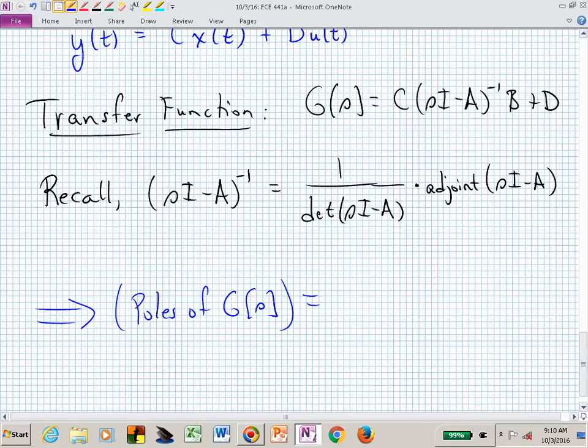So we're looking for an expression that's in the denominator, and that's this determinant of sI minus A. So the poles of G of s are the roots of the determinant of sI minus A.